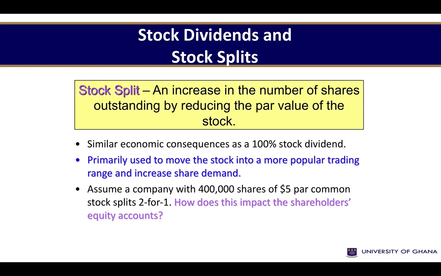But by reducing the price, it becomes accessible to the average person to participate in the trading of the firm. And of course, it also underscores the potential to increase the trading of that particular stock, adding a sense of liquidity, which is very important for the stock market.